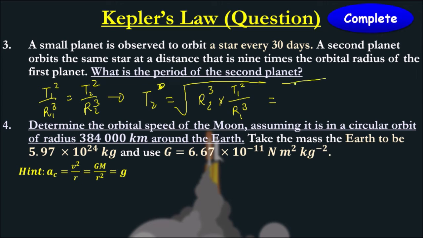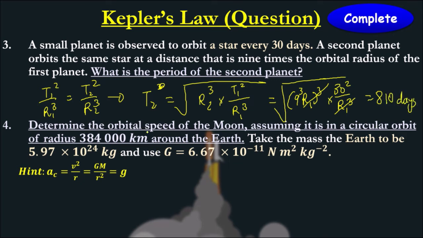Okay, if we do our little calculations here, you can see 9 R1 cubed, because R2 is 9 times the orbital radius of R1. So we can write that: 30 days, and then R1 cubed there. These cancel each other out. We still have the cube on the 9, so we end up with 810 days.